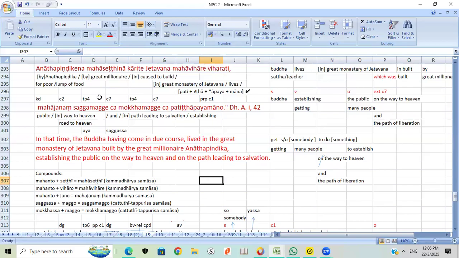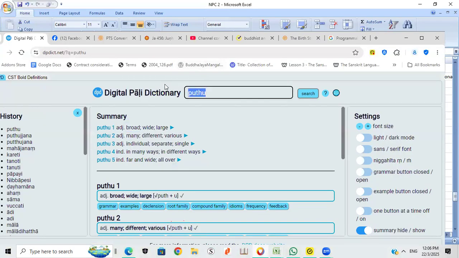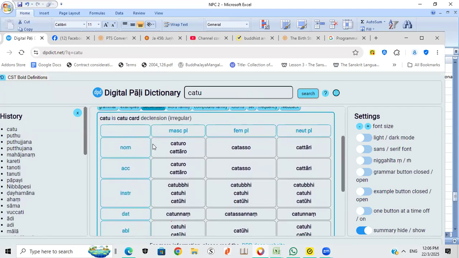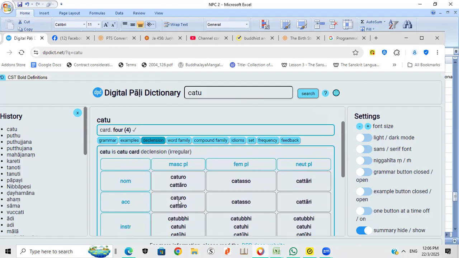You get me? Follow? Yes. Chatuti, you can find under Chatu. I think Chatu is 4. Yeah, Chatu is 4.